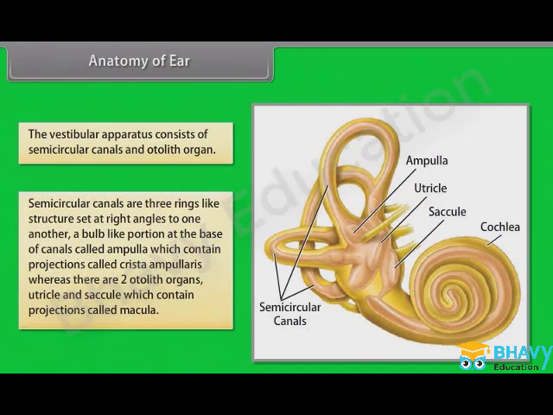Semicircular canals are three ring-like structures set at right angles to one another, with a bulb-like portion at the base of the canals called the ampulla, which contains projections called the crista ampullaris. There are two otolith organs, the utricle and saccule, which contain projections called the macula.